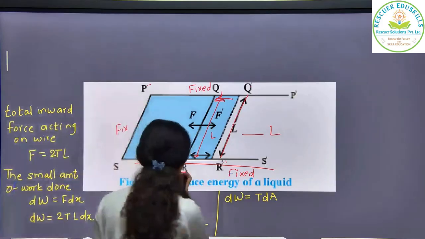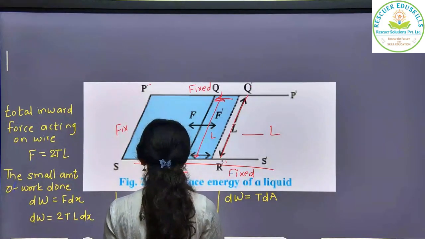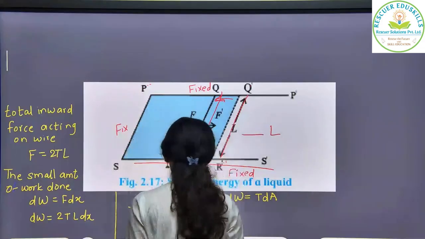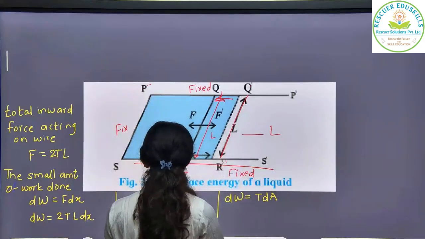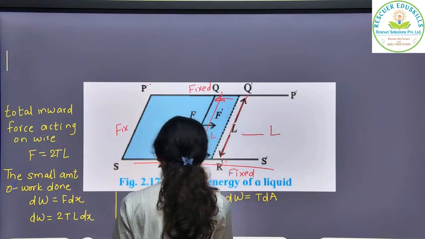Okay, wait, this is not T here. T is not there. dA is 2L dx, right?